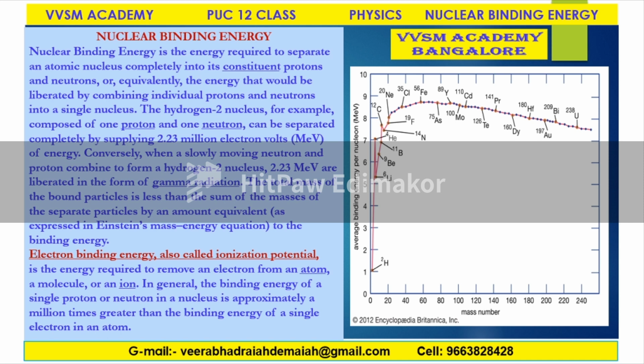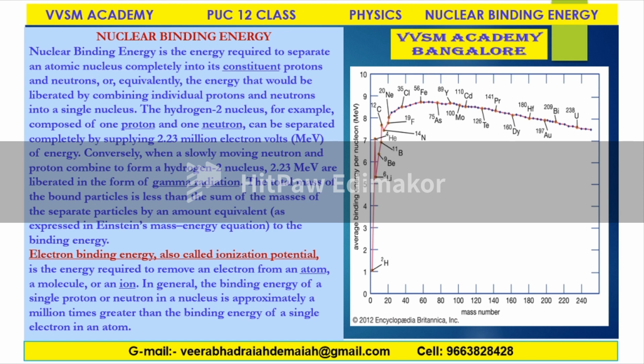Nuclear binding energy is the energy required to separate an atomic nucleus completely into its constituent protons and neutrons, or equivalently, the energy that would be liberated by combining individual protons and neutrons into a single nucleus.